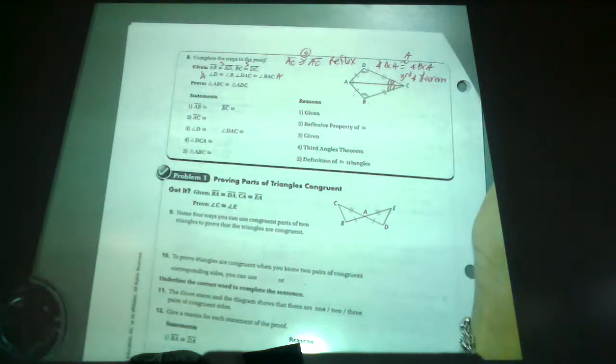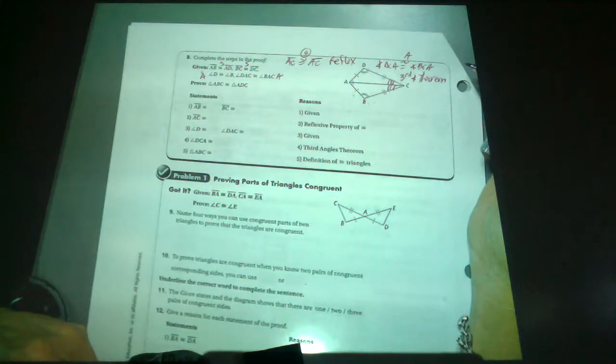How could I prove these? Once I know that those 2 angles are congruent, how do I prove those angles are congruent? The third angle theorem, right? And so that gives us all 6 parts that are congruent.